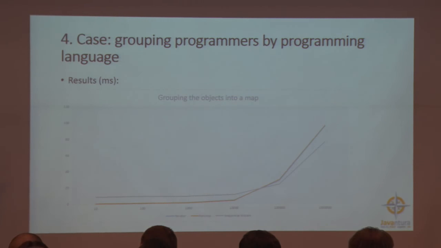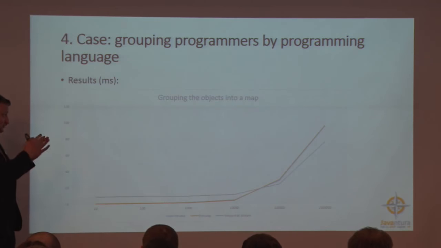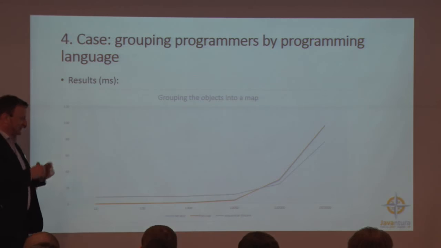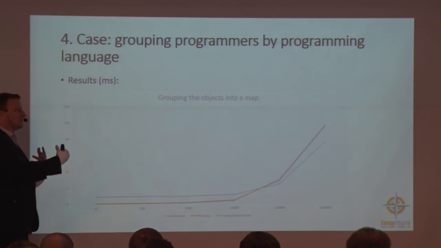8 times the measurement was excellent. The results were very good. But 2 out of 10 times, something happened with the parallel stream. So maybe the parallel stream is still not, so to say, good to be used in every single situation, but the sequential stream is much more predictable.